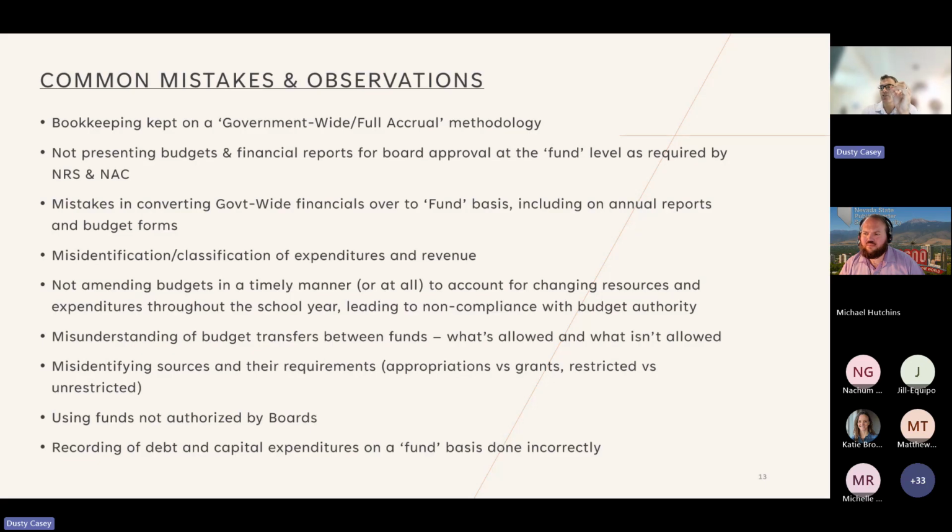But NDE does recognize this is the one area where there's a little bit of crossover with government-wide and the GASB regulations. Once GASB made that change to say that leases over 12 months, multi-year leases, are really capital leases that you are now required to recognize on your books as both a liability and an asset. It's really the same with equipment. If you were to lease a bus for a 5-year lease, same sort of thing.